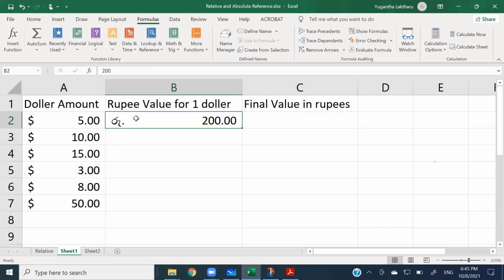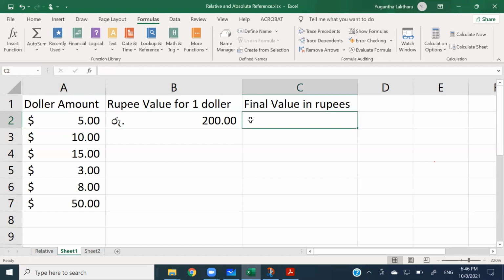And here in the second row, I have indicated the rupee value of $1. Then I need to take the dollar amount in rupees. So to calculate this dollar amount in rupees regarding the first row, I have to multiply this $5, or the value in this cell, by this particular value. So $1 is 200 rupees, so $5 should be 1000 rupees, right?